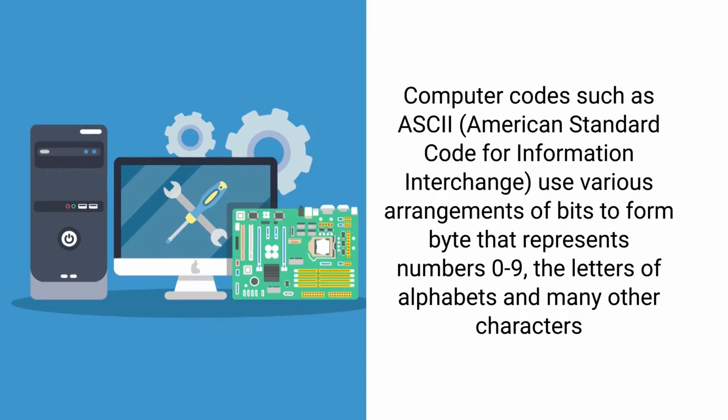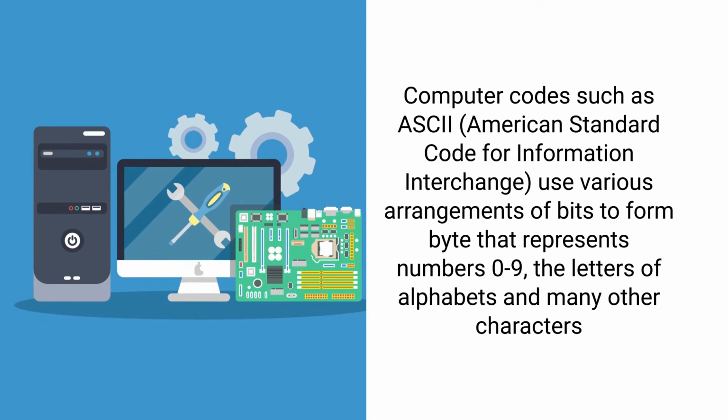But at any point of time, these two states alone cannot define all the characters and numbers. For that reason, computer codes such as ASCII, which is American Standard Code for Information Interchange, use various arrangements of these bits to represent different number systems or the letters and alphabets.